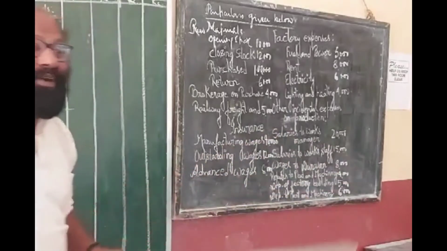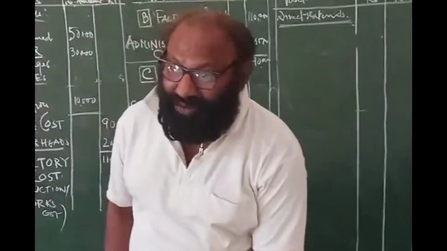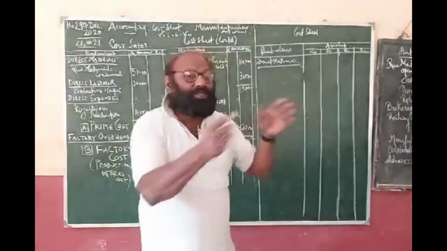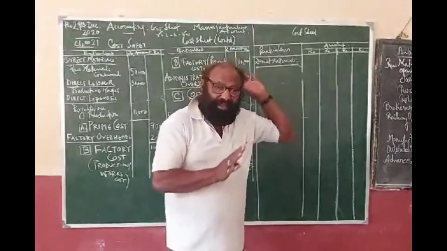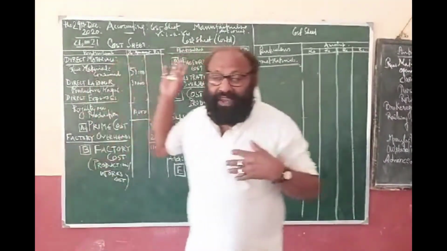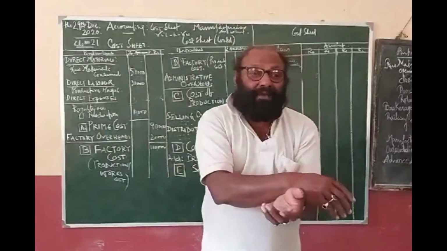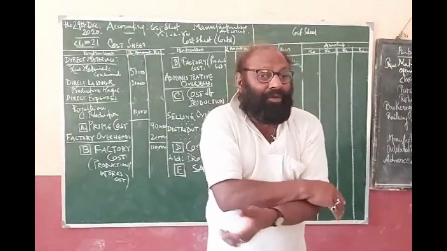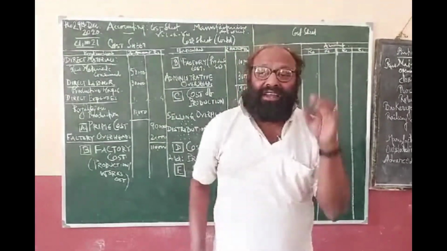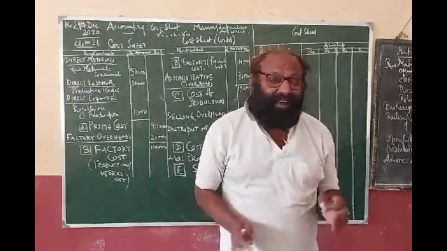From here you have to find out the raw material consumed. You have purchased, you have used raw material. Raw material consumed during the year. No straight figure is given to you right now. You have to toil a bit to get the figure.